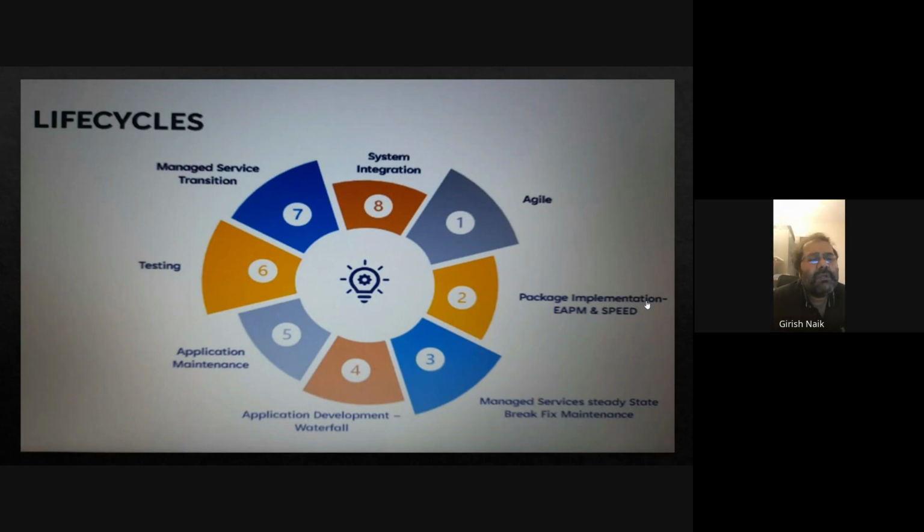Then something called agile. You might have heard of this. This is what is picking up nowadays. Most of the engagements in different life cycles are moving to agile. In agile, a bigger requirement is cut down into smaller requirements, which we call user stories.